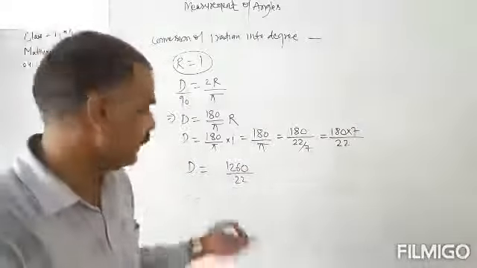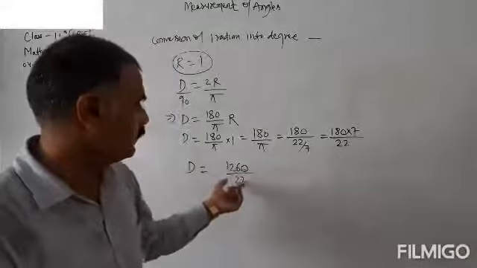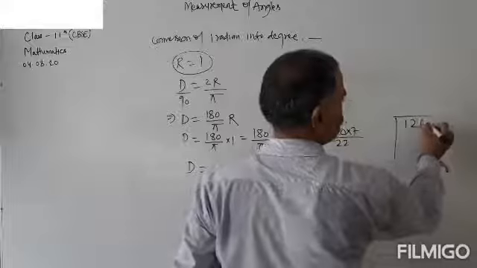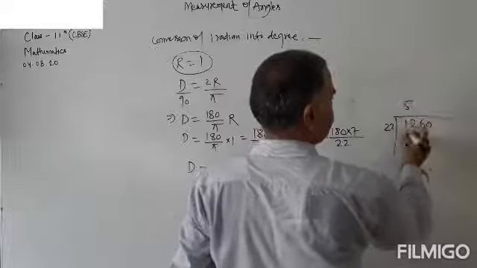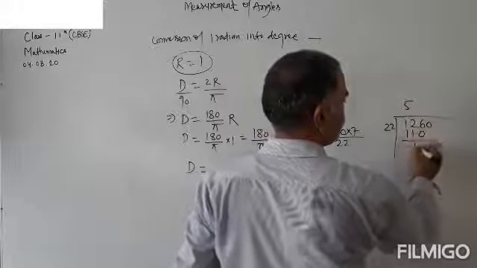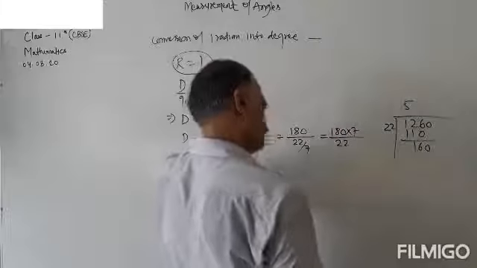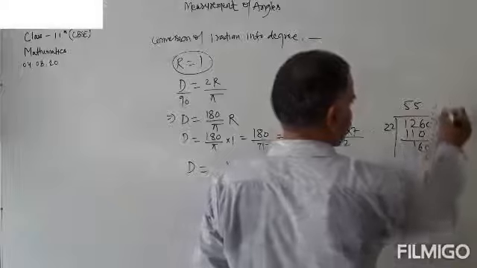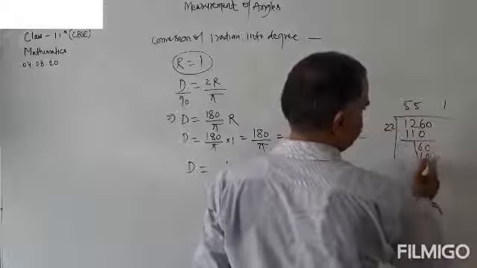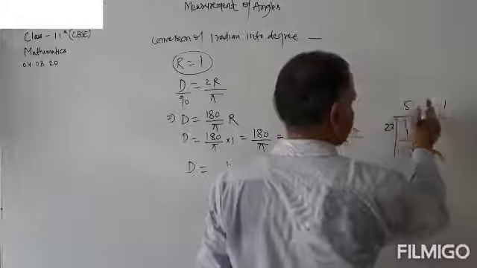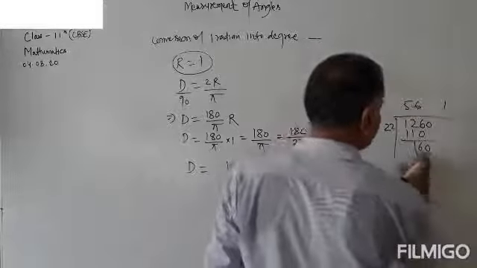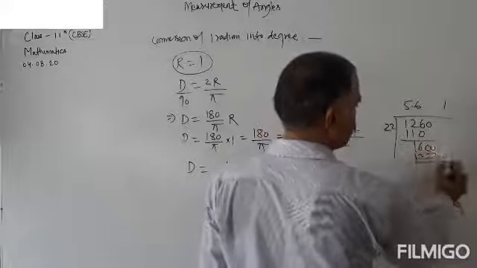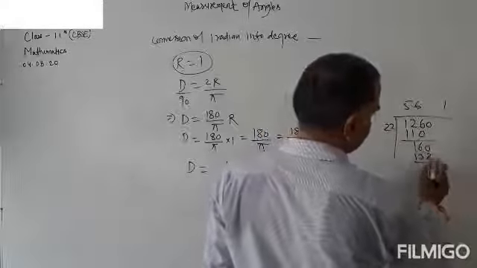Now we have to divide 1260 by 22. 5 times 22 is 110, then 16. Taking 6 times 22 is 132, then 28.